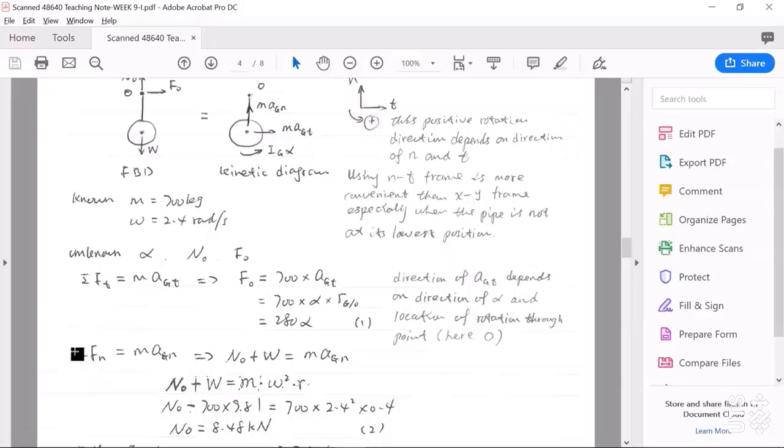Along the normal direction, we have two external forces.